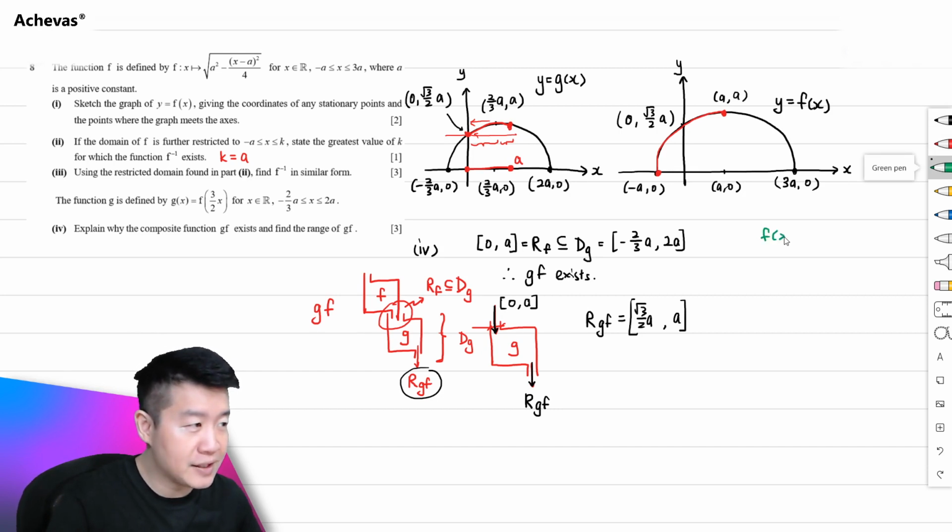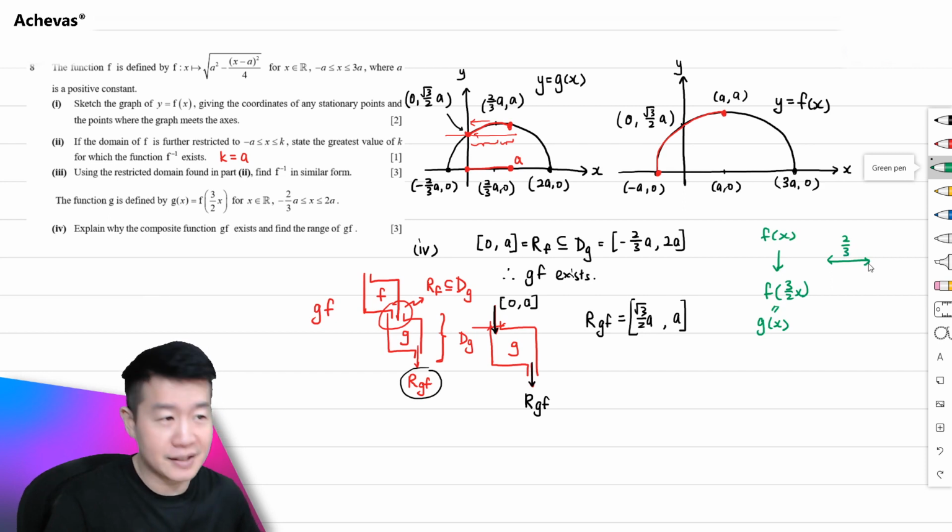So from f(x), this is a graphical transformation question. From f(x) to f(3/2x), which is our new function g(x), this is going to be a scaling by a factor of 2/3 parallel to the x-axis. So from this graph of y = f(x), we scale it by 2/3, actually compressing it by 2/3 times.